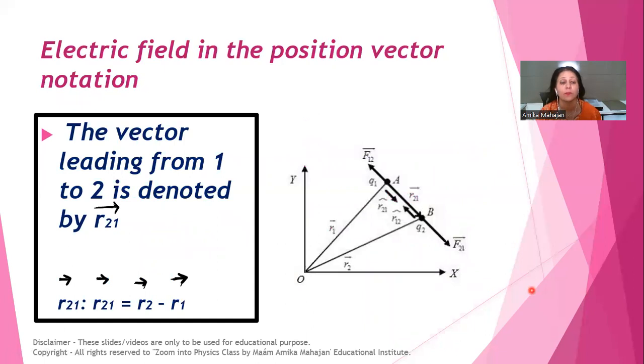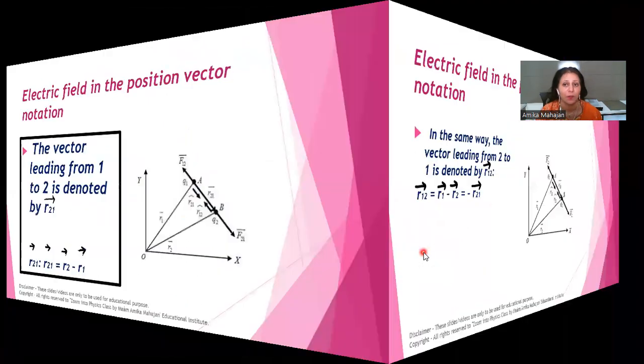If we want to express electric field in terms of position vectors R1 and R2, now what happens? Suppose this is the point A at a distance R1. This is the point B at distance R2. One charge is present at point A. We want to find electric field due to this charge at point B. Then how can you express it in position vectors form?